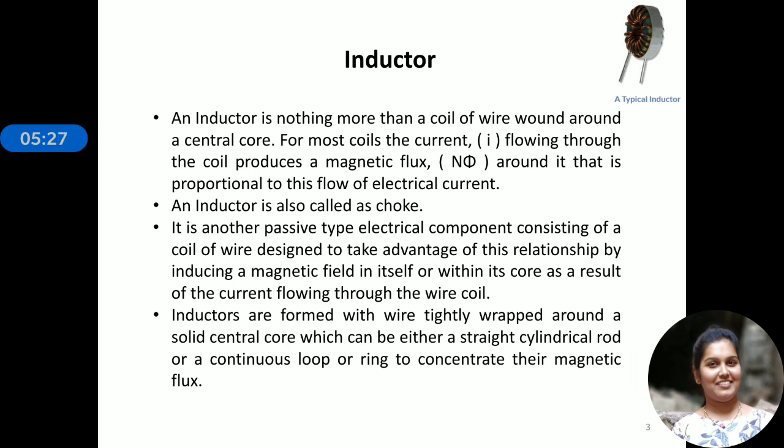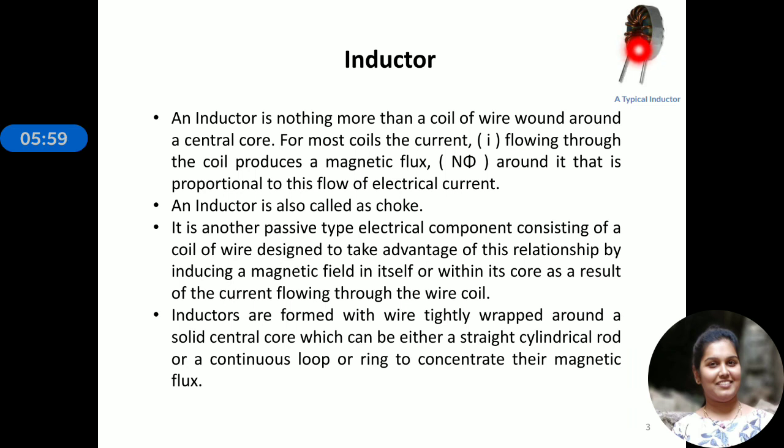So inductors are generally formed with a tightly wrapped wire around a central core, which can be either a straight cylindrical rod or a continuous loop or a ring to concentrate their magnetic flux. So I have shown you a circular wound inductor on the screen, but not all the time will inductors be of this type.